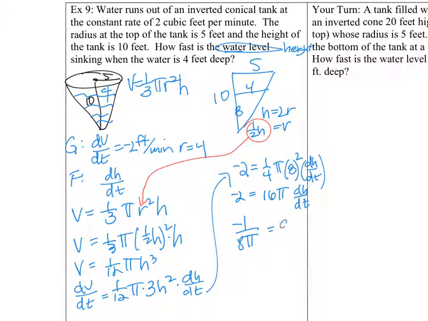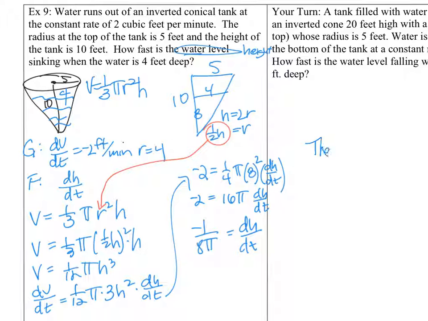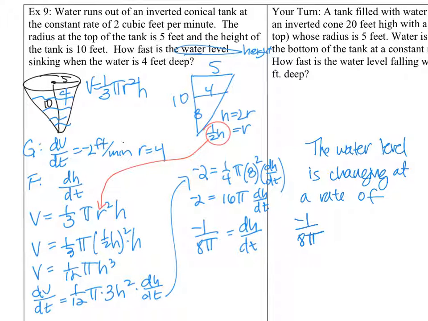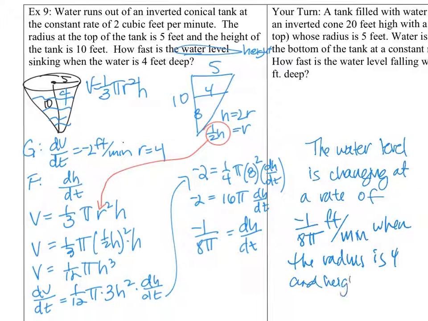I'll write out my sentence, which is: the water level is changing at a rate of -1/(8 pi) feet per minute when the radius is 4 and height is 8 feet.